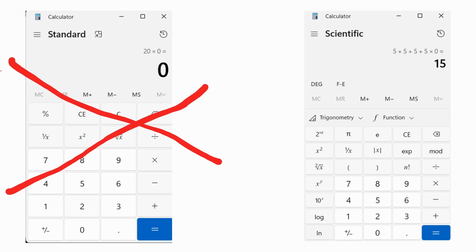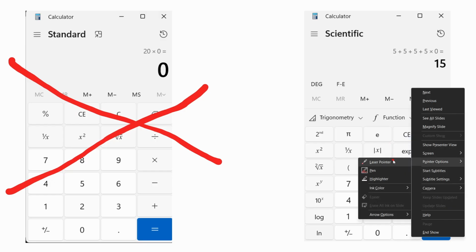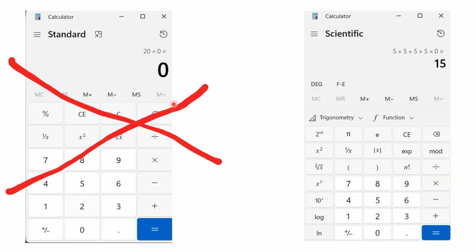It's adding up all the 5s and then getting 20, and then it's taking 20 times 0 and getting 0. And that is incorrect. That is not correct. When you have a calculator in that mode, you have to either find parentheses somewhere that you can put in here, or you need to solve the multiplication before the addition on this type of calculator.